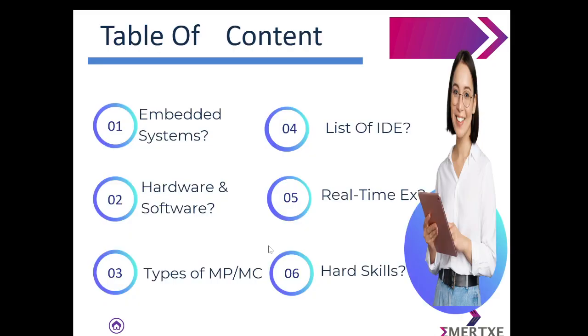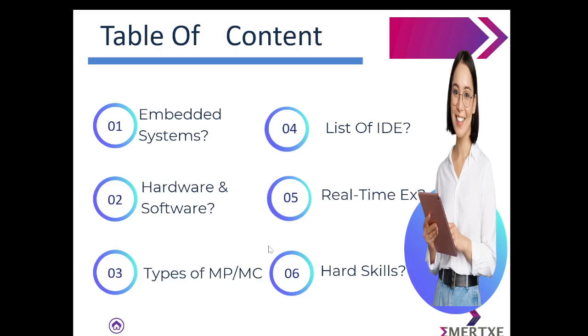And next, table of content. There are different topics in the table of content, like embedded systems, hardware and software, types of MP and MC, list of IDE, real time, and hard skills.